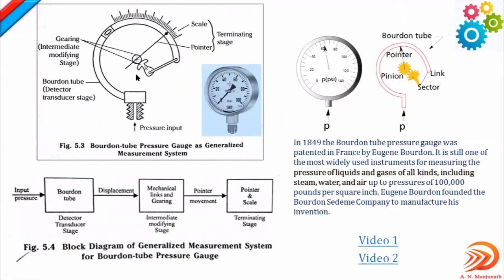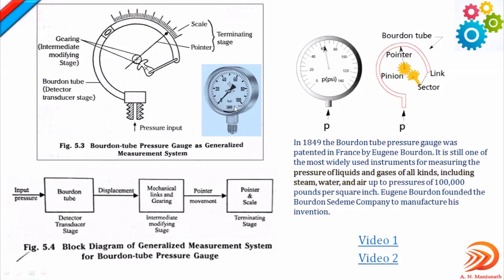Now we can observe the same example, the Bourdon tube pressure gauge. This is the example which has been taken to explain this generalized measurement system. See here the three stages: detector transducer stage, intermediate modifying stage, and terminating stage.